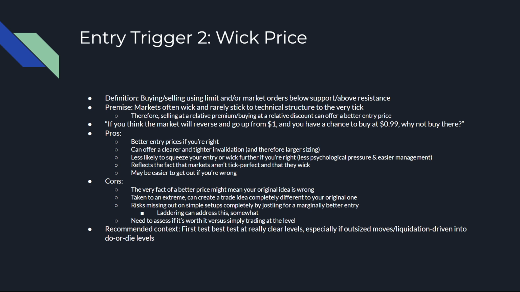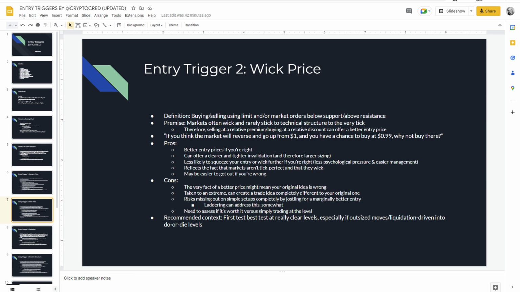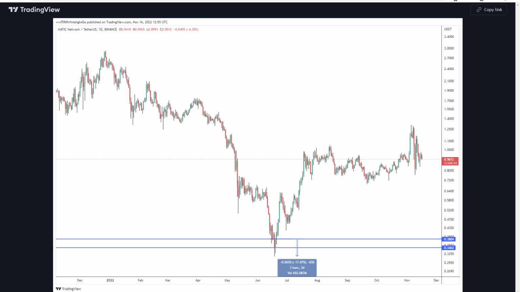And another upside that's a bit more subtle is it may be easier to get out if you're wrong. So let's take the Matic example, right? Here. So let's say you end up buying closer to the wick, and in this case, the market didn't go up, and let's say this was a bearish retest. There's a decent chance that you get your entry closer to the candle body or the wick, and then if the market pushed up and started finding resistance on the appropriate time frame where you thought this would be support, that gap is actually profit for you.